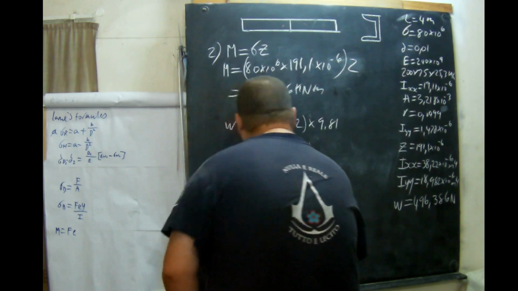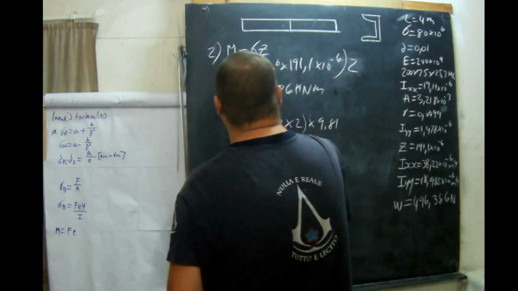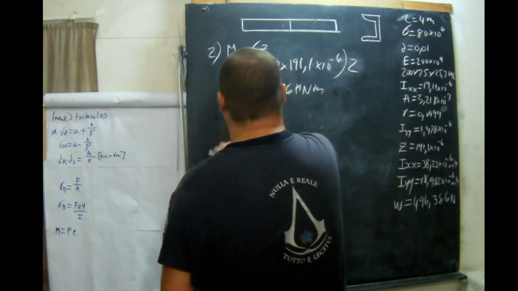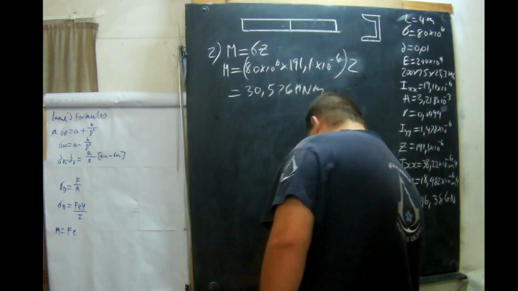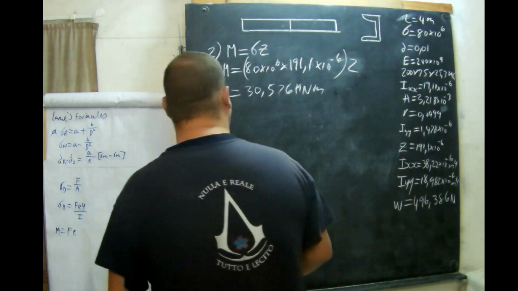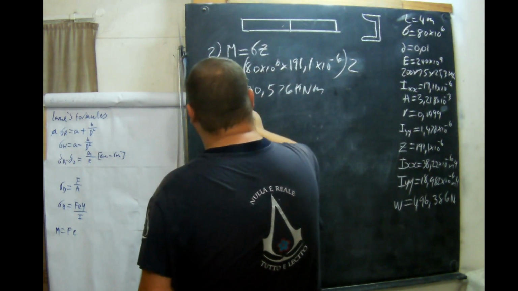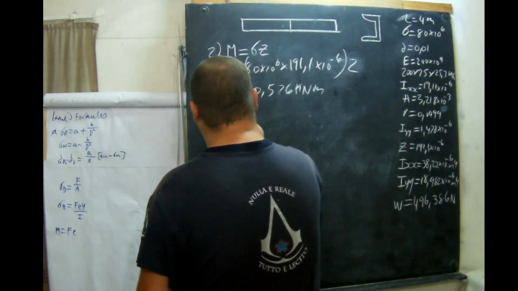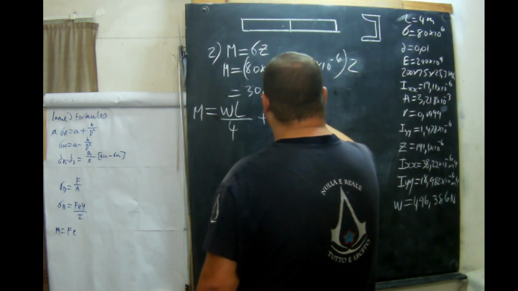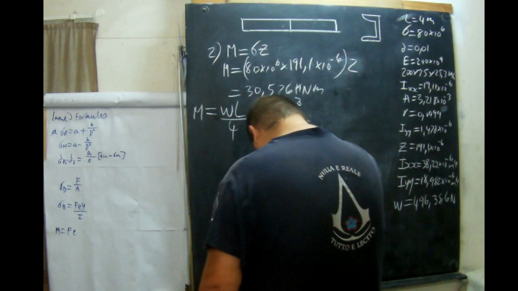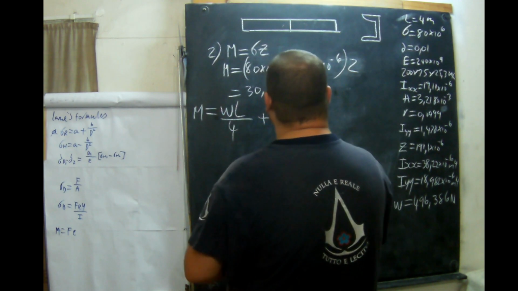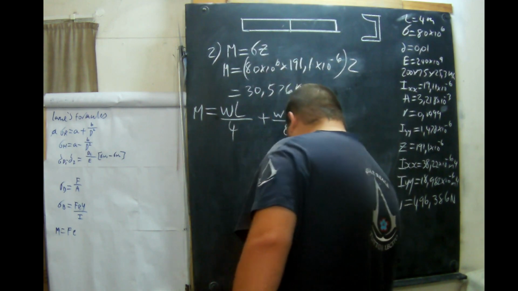Okay. So our formulas will be thus. M also equals big W, L over 4 plus small w, L squared over 8.